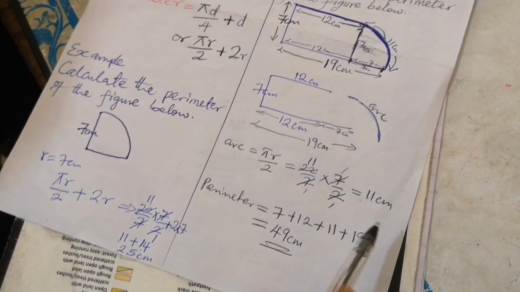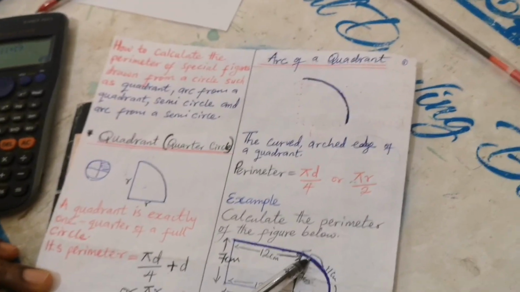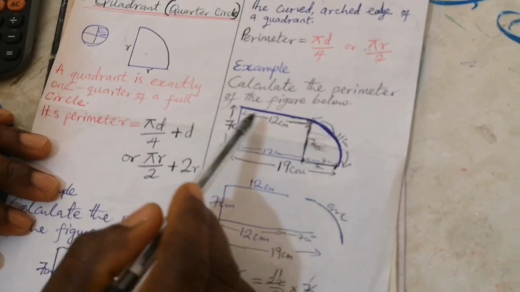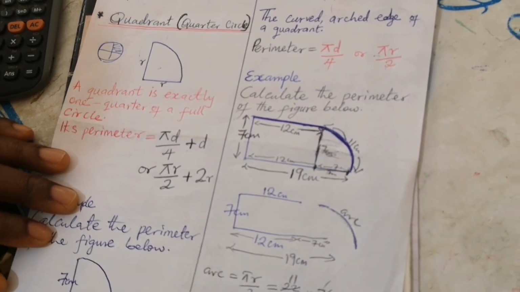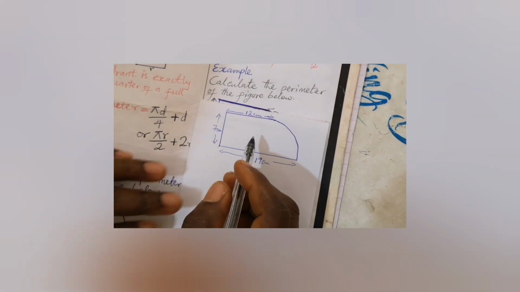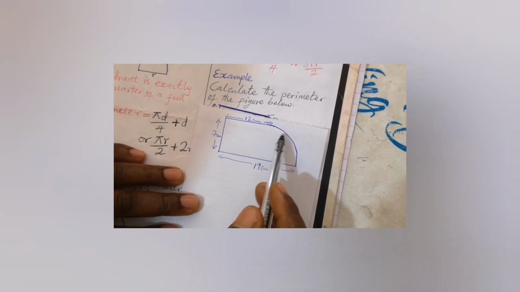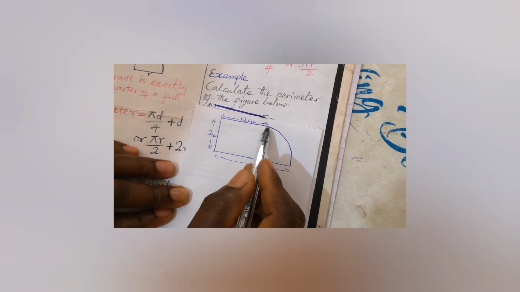So you see how I use this formula to calculate the length of this arc so that I can now calculate the perimeter of this figure. Another way I can calculate the perimeter of this figure is by starting from this side.